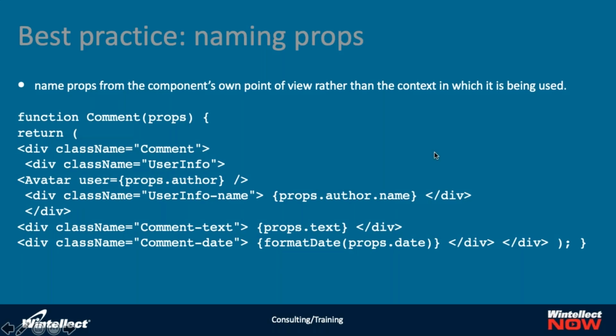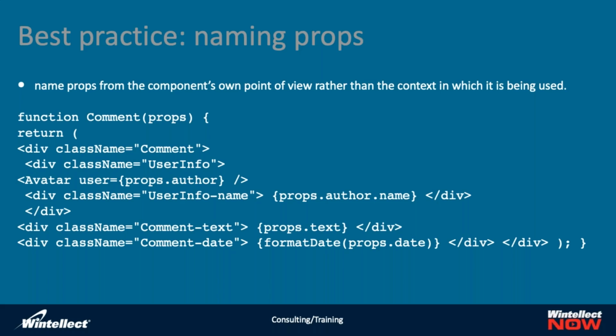Another best practice for React development is to name props. So props are the data that's passed from parent to child. Name props from the component's own point of view rather than from the context in which it's being used.